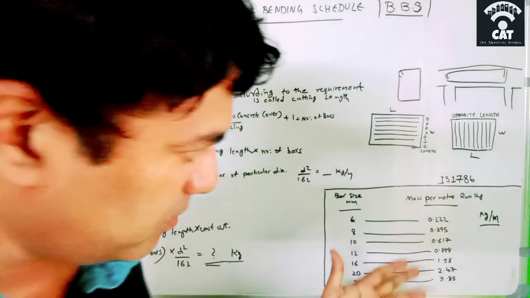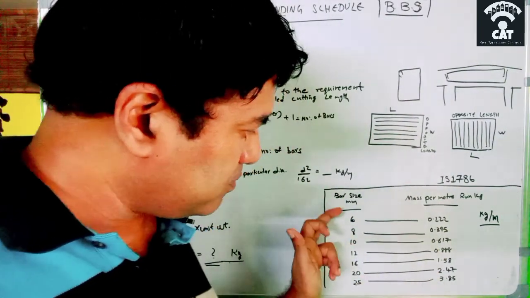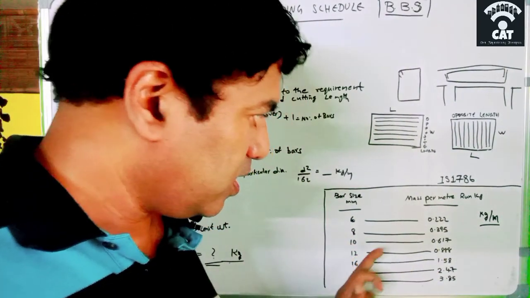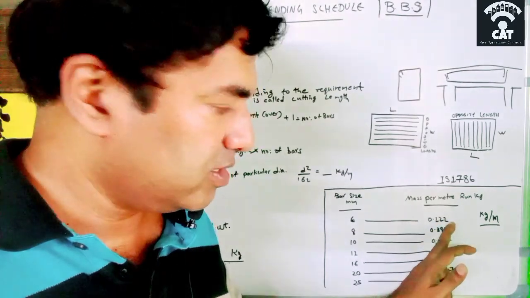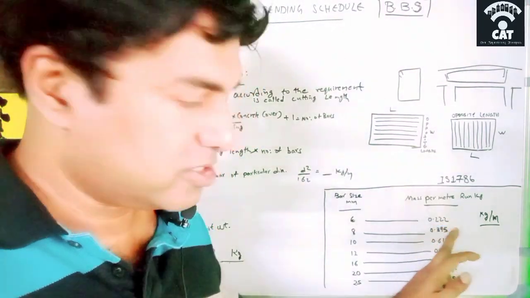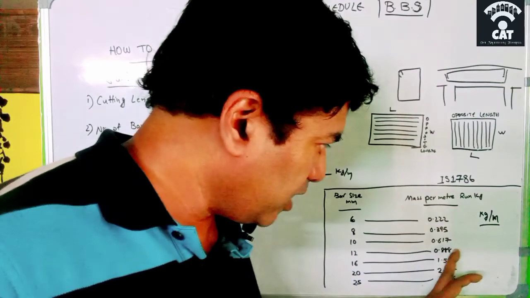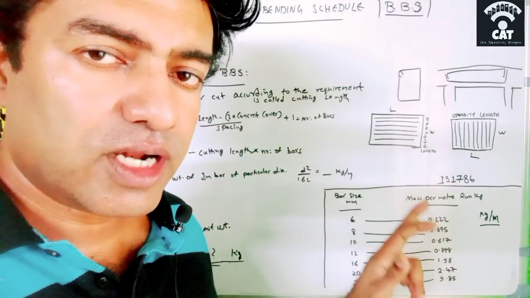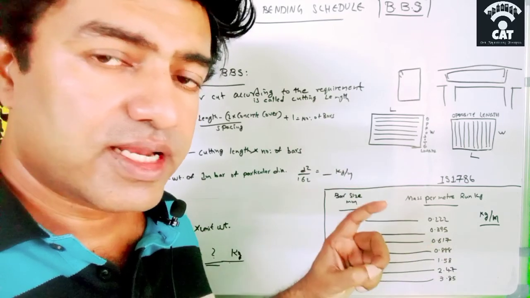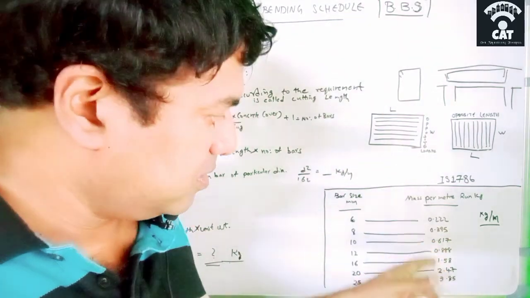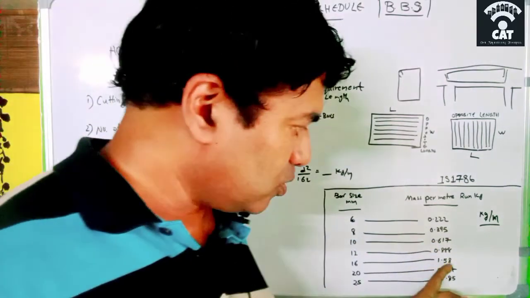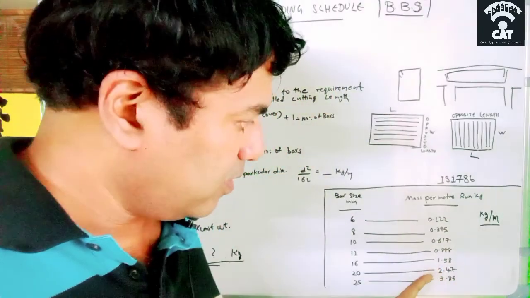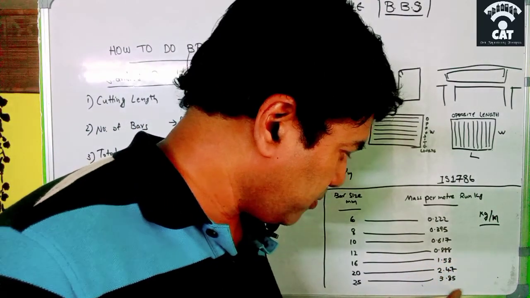The one thing that I want to say here is, if you are learning this by heart, make sure that from 6 to 12 we have 3 decimal digits: 0.222, 0.395, 0.617, 0.888. After that it is only 2 digits, like 1.58, 2.47, 3.87.